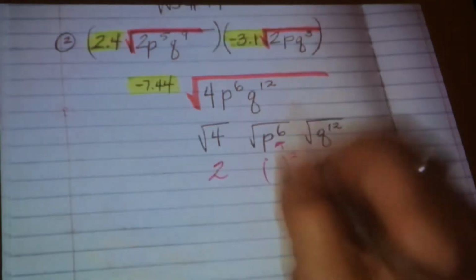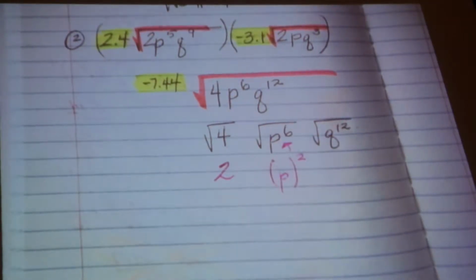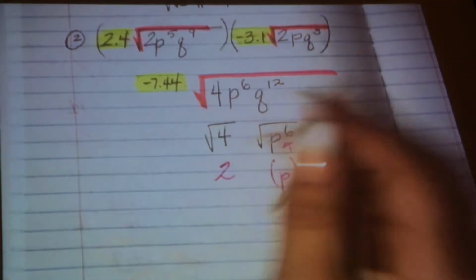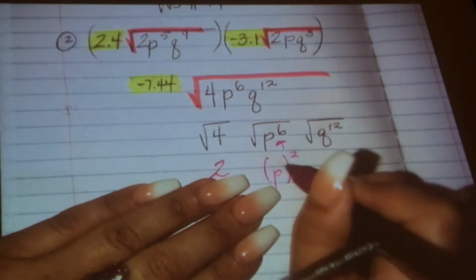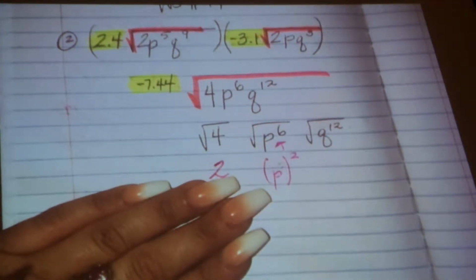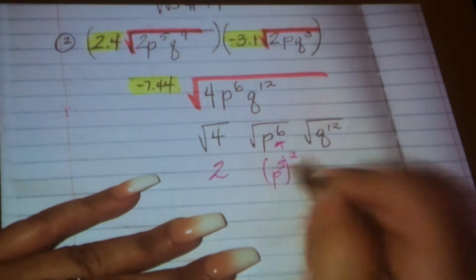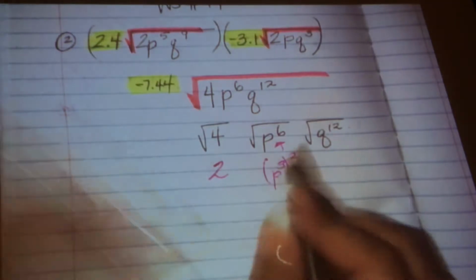If I put p here, is p squared p to the 6th? P cubed. How about p squared? Does p squared give me p to the 6th? So p what? Cubed. P cubed squared gives me p to the 6th. Isn't 3 times 2 6?